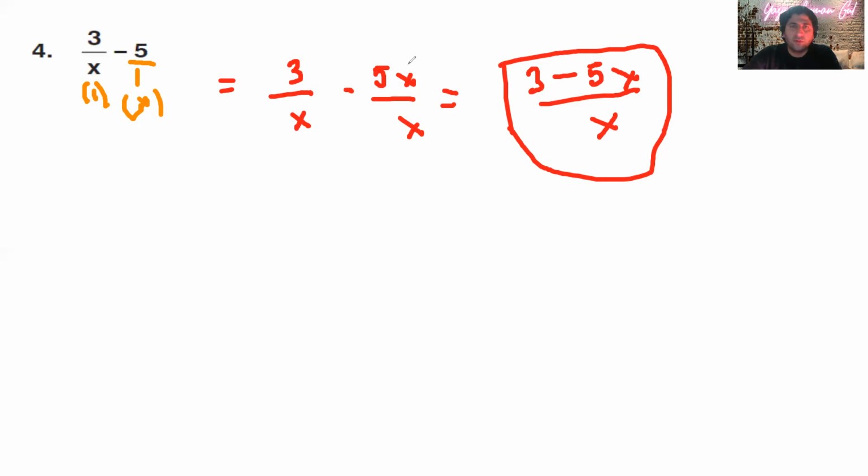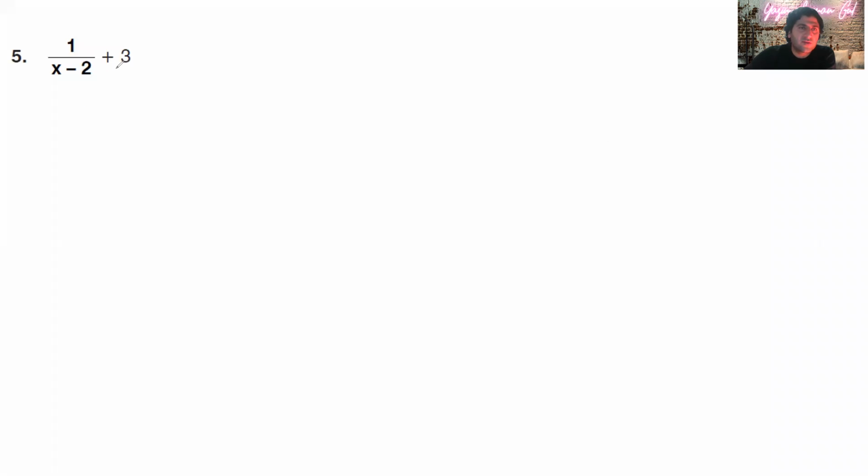Now we have question 5. Question 5 says 1 over x minus 2 plus 3 over 1.